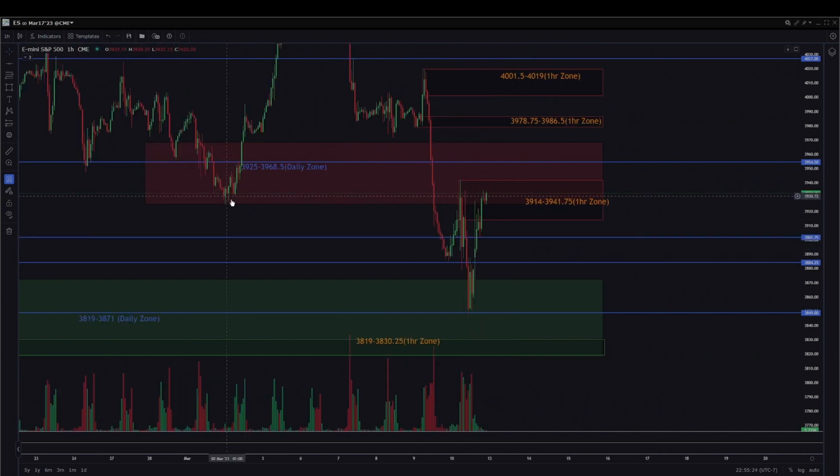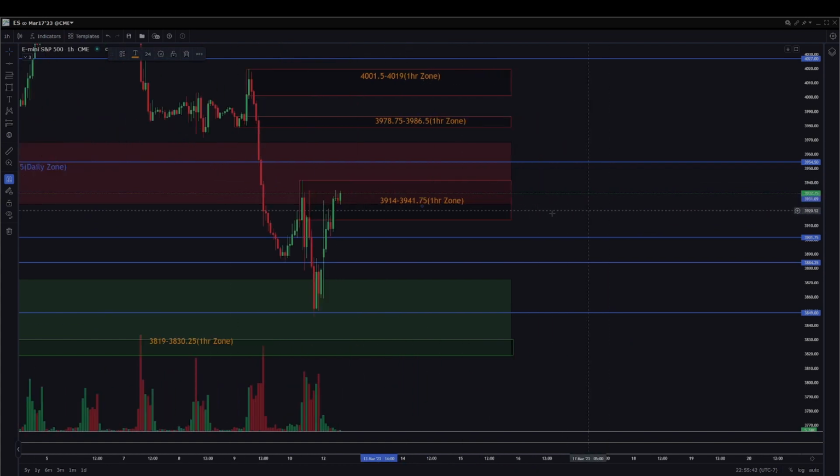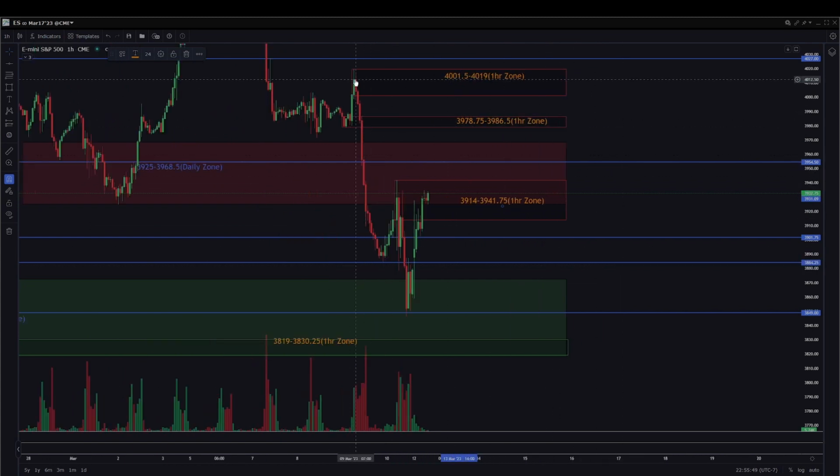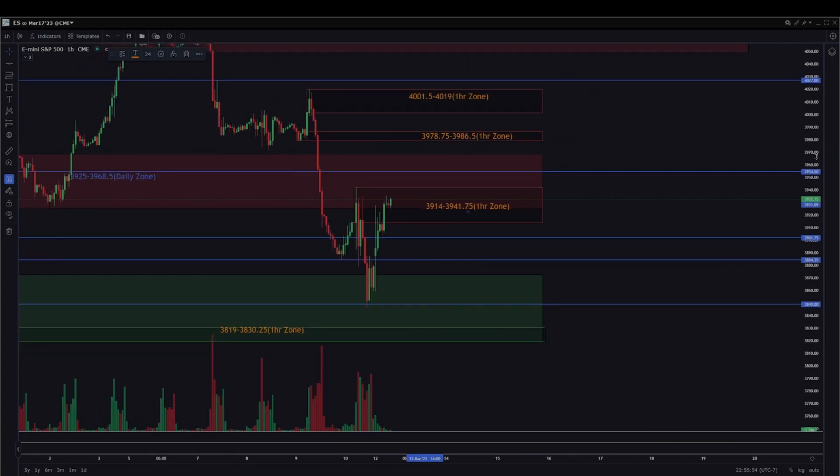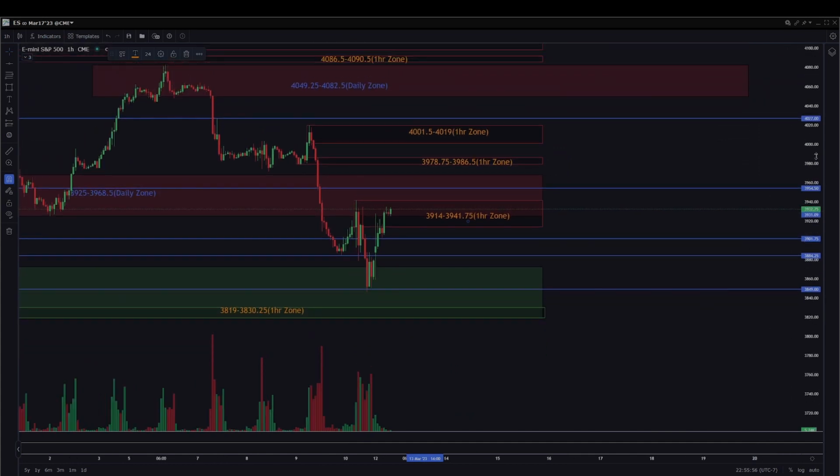And I did have my demand here, turn supply, which we kind of held on Friday's session, but then Friday's session also created this whole zone here, so I moved this zone up to the most recent price action. I did use this candle to make this one, and also this candle right here to make this zone. So that is my hourly zones.